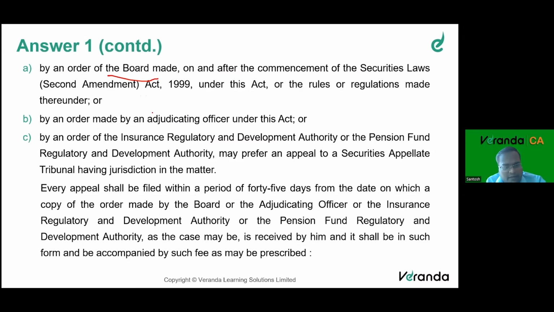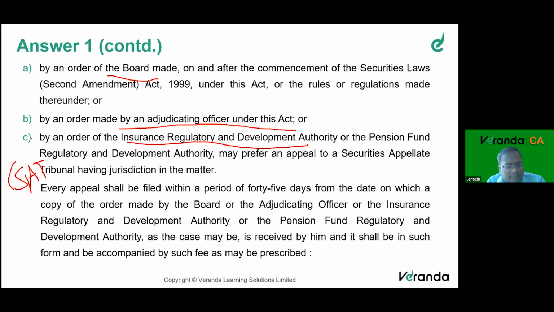They can give an order, or it can be by an adjudicating officer under the act, or it can be by IRDA or the Pension Fund Regulatory and Development Authority, which may also come under this particular Securities Appellate Tribunal. So basically, this is termed as SAT. You can remember it with the term SAT.